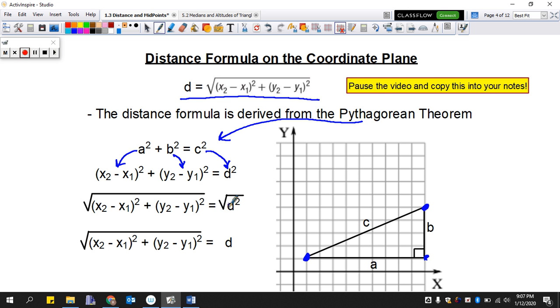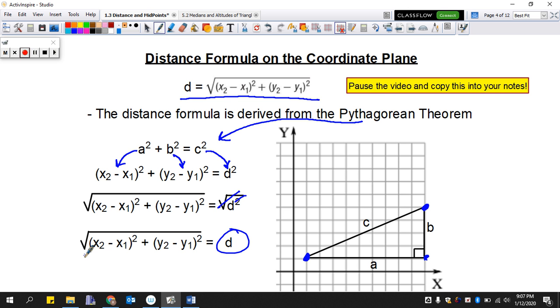So the distance formula says that it's the square root of x2 minus x1, the x values squared, plus y2 minus y1 squared. We're going to do several examples, and you'll see what that means.